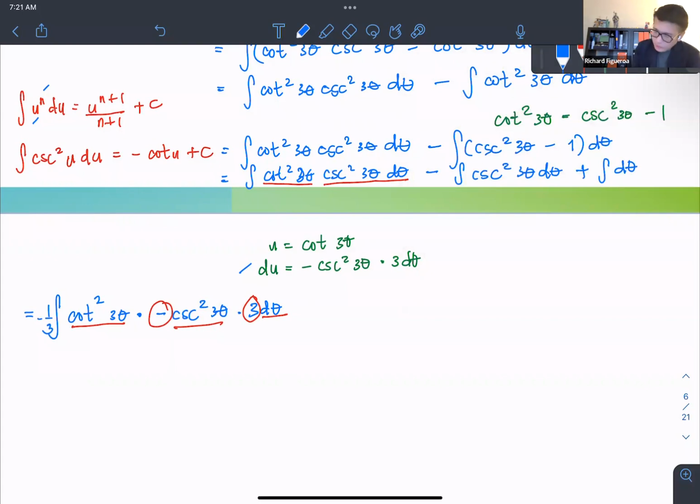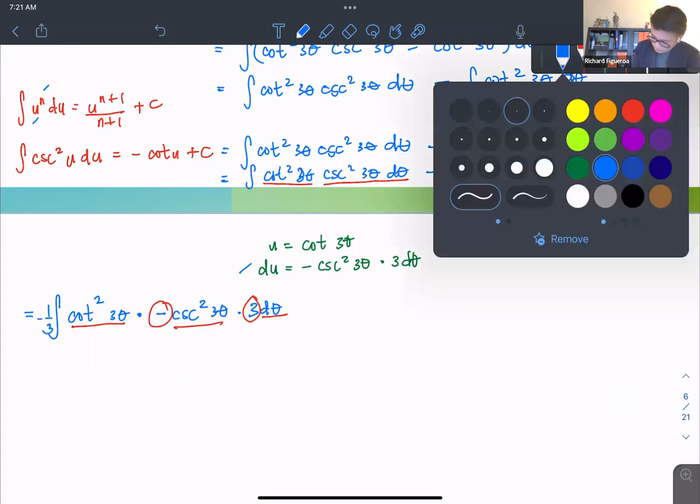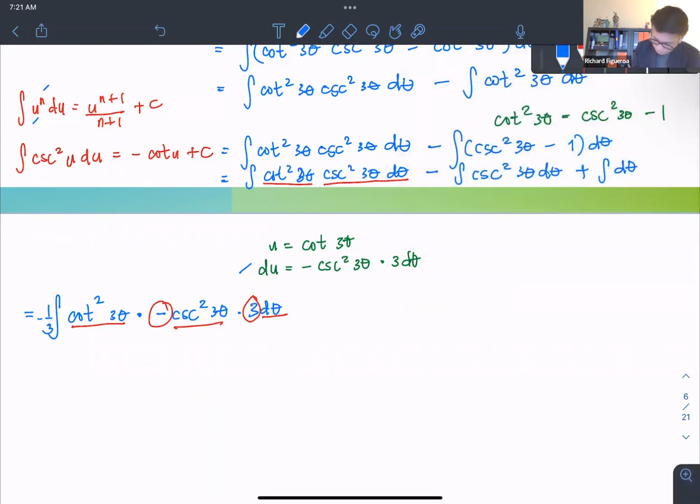And then, so minus the integral of, for cosecant, so we use this one, cosecant squared 3 theta. Then our du, since our u is 3 theta, so our du is 3 d theta.